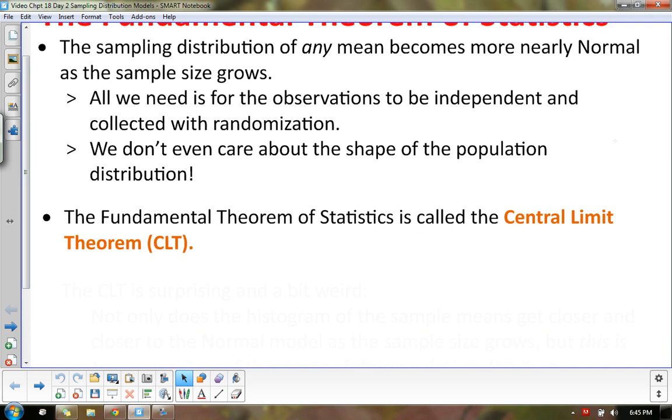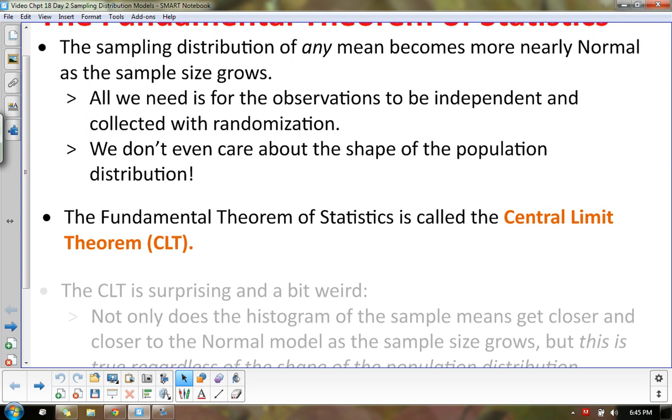The fundamental theorem of statistics is also called the central limit theorem. Those of you who have taken calculus know a little bit about limits as being what we approach as we get to specific values or as we go closer and closer to infinity.